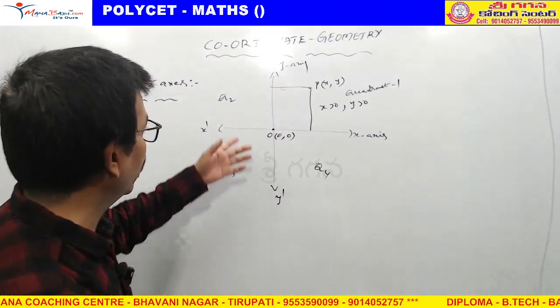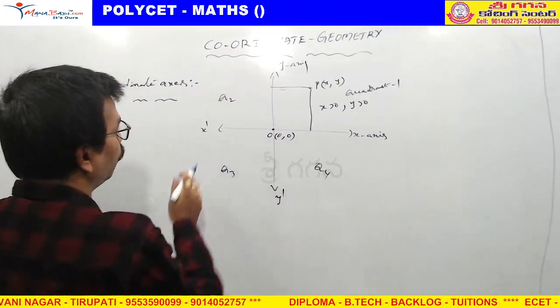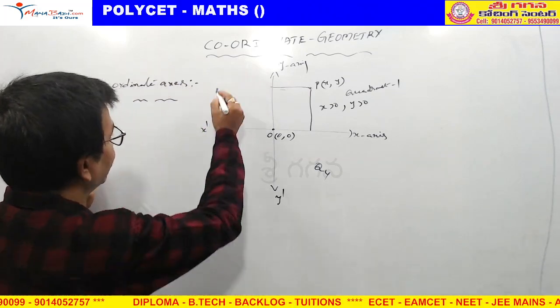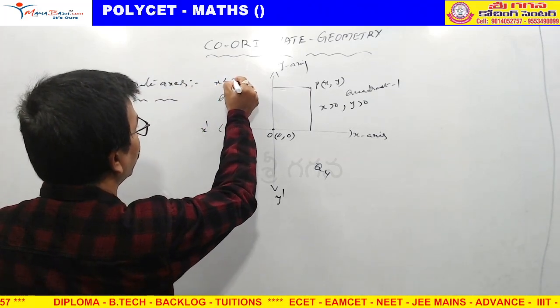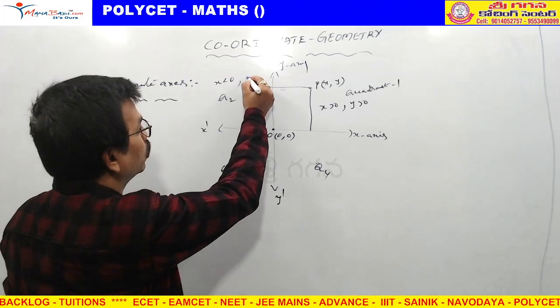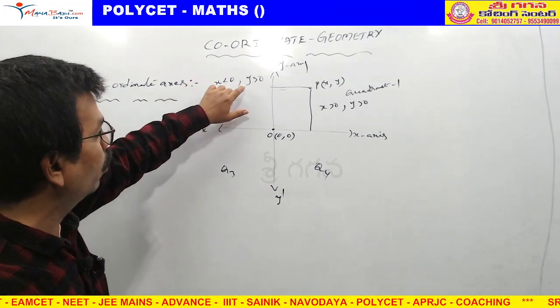If you come to the second quadrant, because if you see properly, on this side x is always negative, so x less than 0, and here y is positive, so y greater than 0.